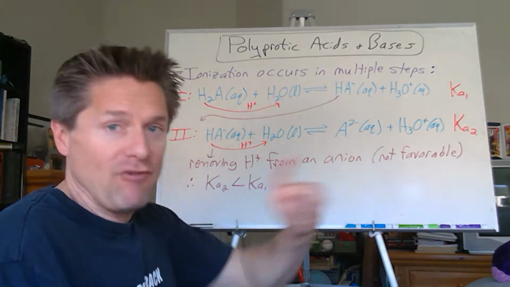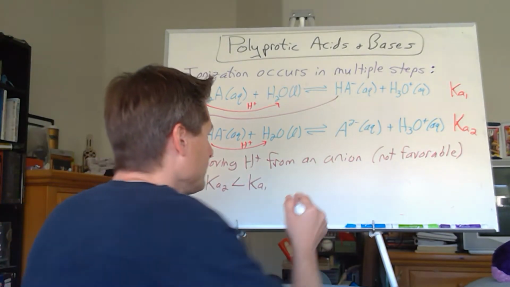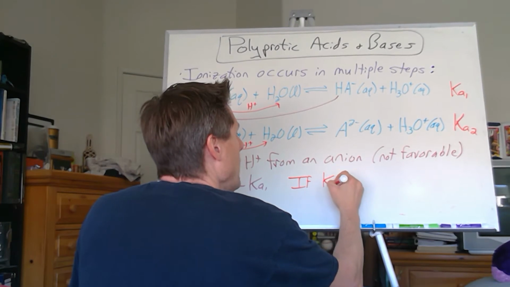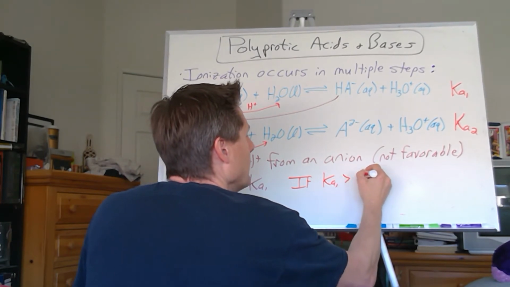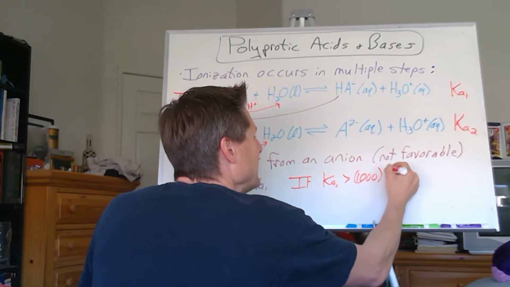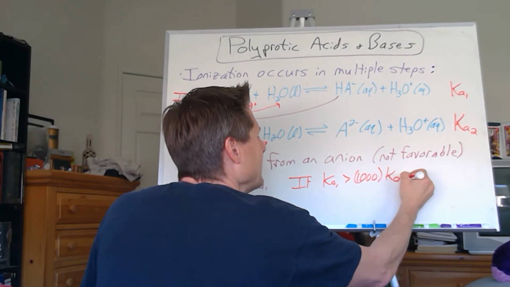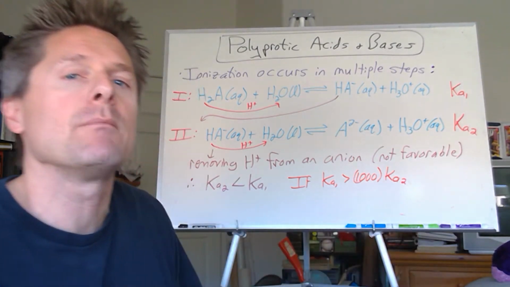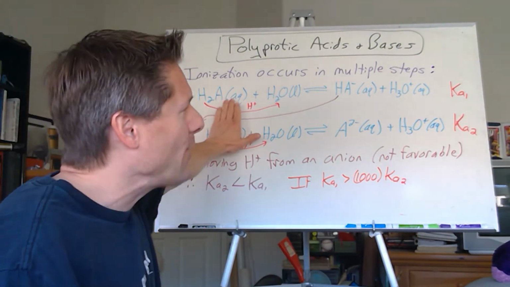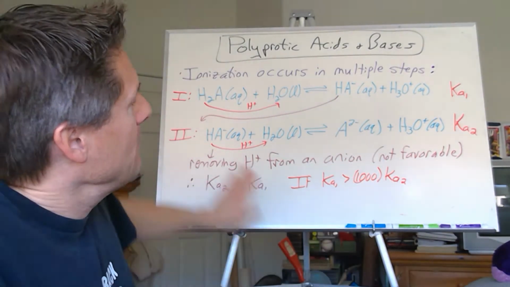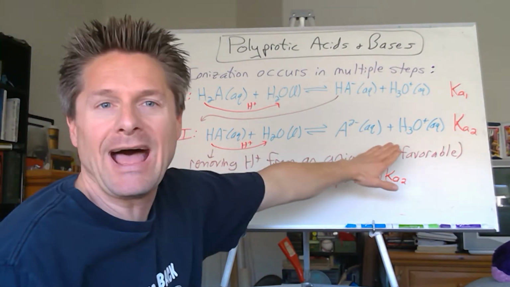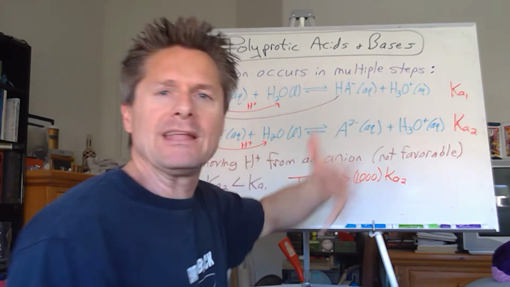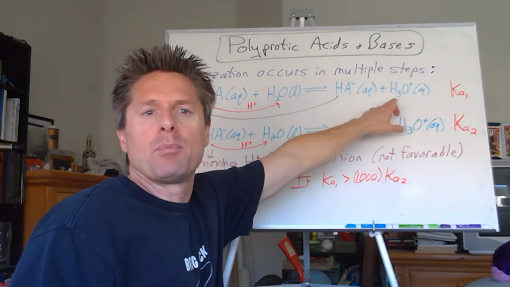Are you ready? If Ka1 is greater than 1,000 times Ka2, or if we're doing a base, Kb1 is greater than 1,000 times Kb2, so if this is 1,000 times higher than that, we can make the assumption that the second ionization step is pretty irrelevant. Because if I want to get the pH of this, how much hydronium am I producing here?